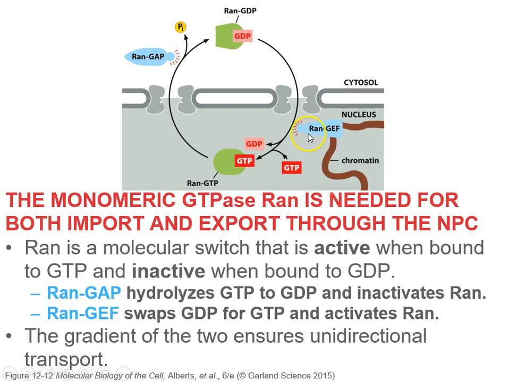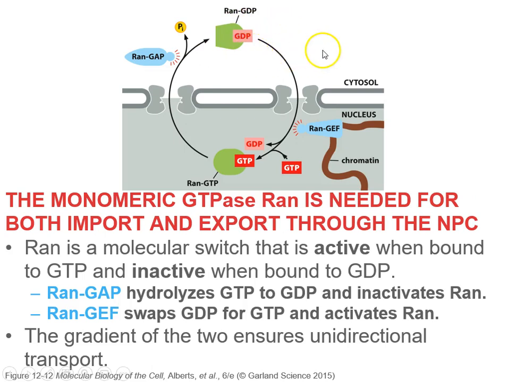RAN GEF will swap the GDP for GTP, so now the RAN GTP is active. The cycle completes when the RAN GTP goes out through the nuclear pore to the cytosol, and then RAN GAP hydrolyzes that GTP to GDP, and now RAN GDP is inactive.